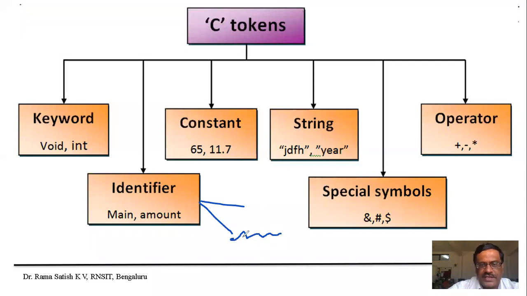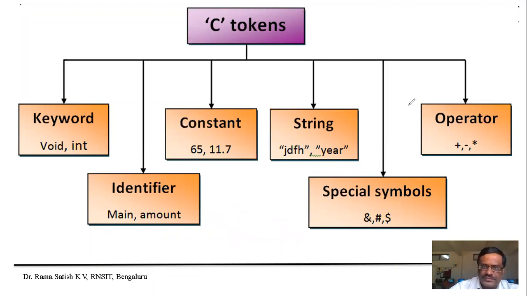Initially, it will be 10, next it will be 20, next 5, next 15, next 8. So like this, there is a variation. Whereas constant's value never changes throughout the program. And strings, special symbols, operators, these all come under the category of tokens. We'll discuss all these components one by one.